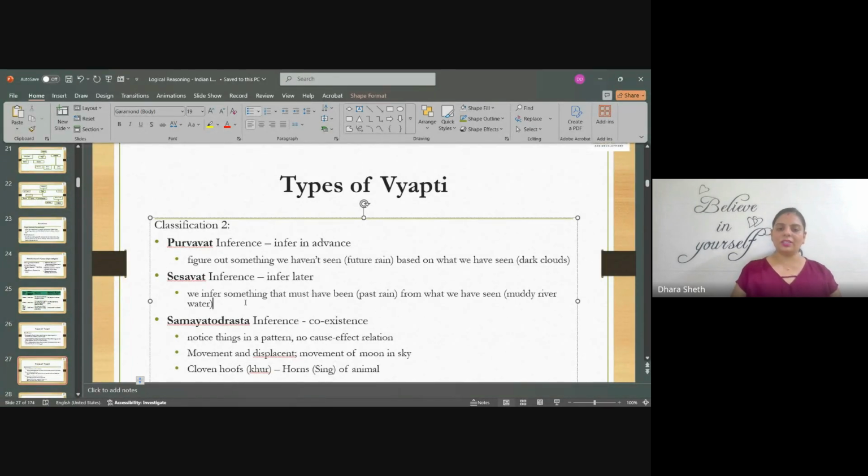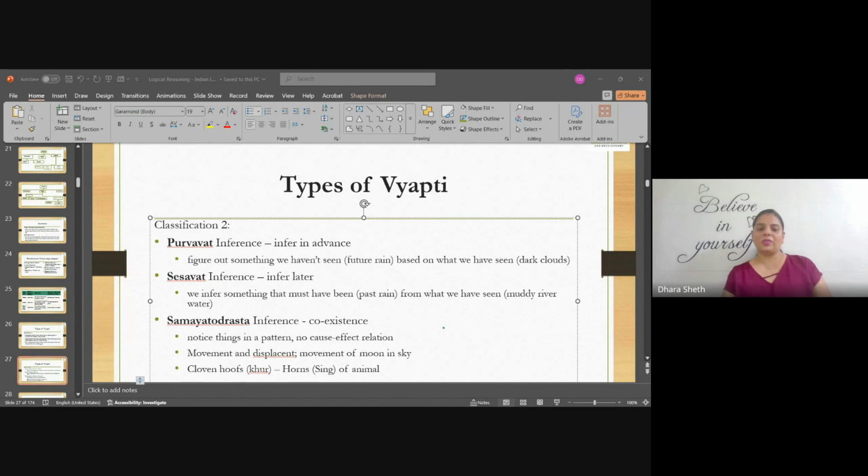Muddy, fast running water can only be when there is a lot of rain and it has churned the waters of the river. So based on that muddy water, we infer that it might have rained before. That is Seshvat inference: you infer something at a later stage. And when you infer something in advance, it is Purvavat. Clear with Purvavat and Seshvat?